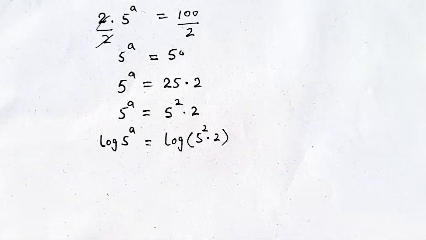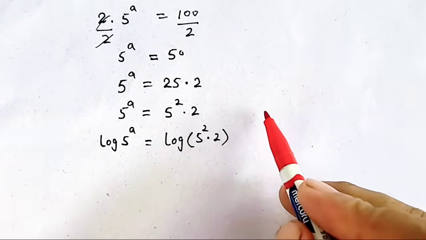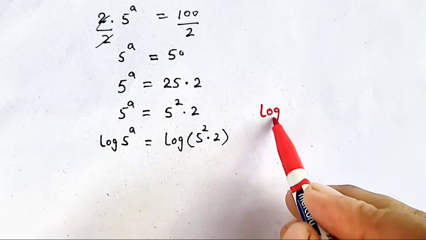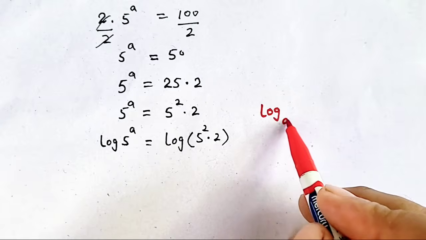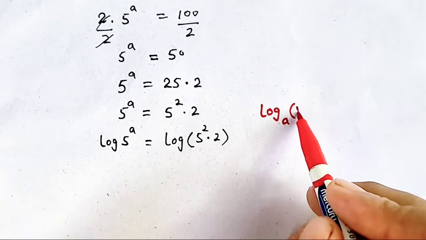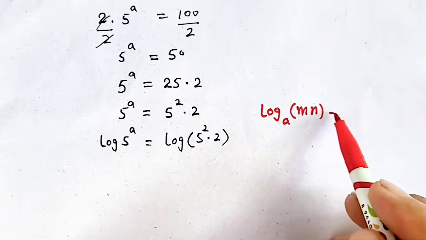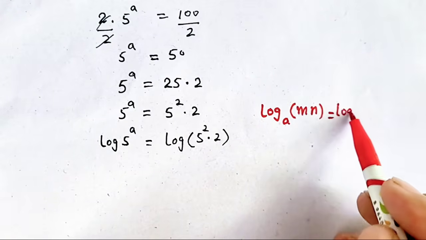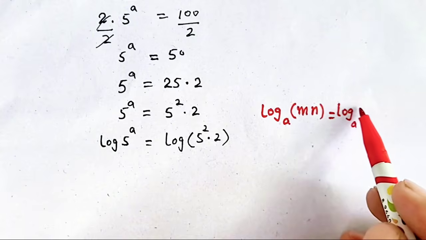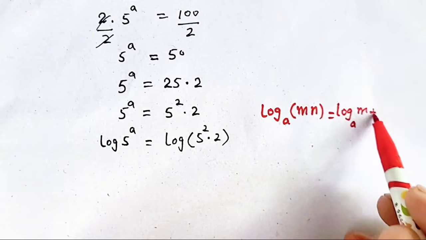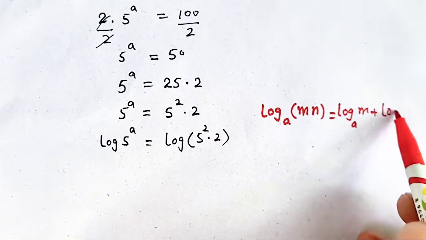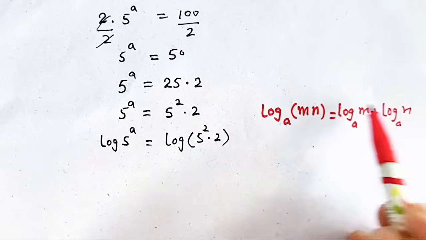Now we have a rule, and the rule is log base a of m times n. We will get log base a of m plus log base a of n.